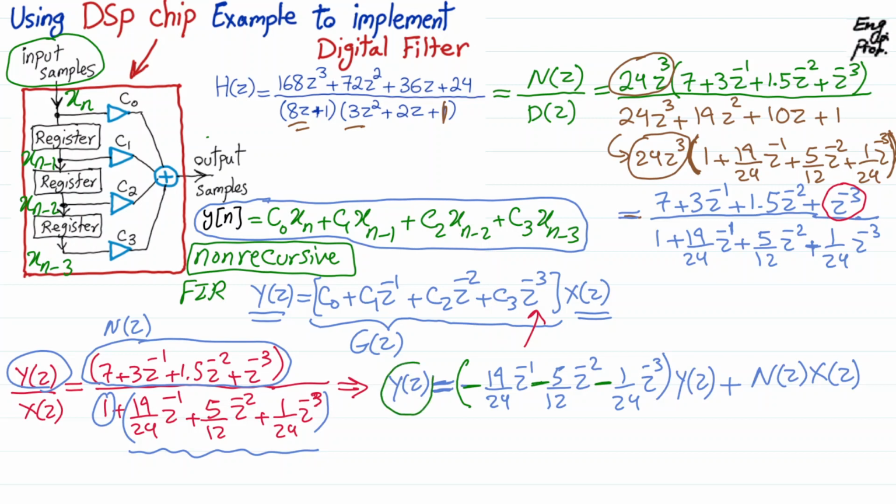This is the overall output of the system for the given transfer function we want to realize. We are saying it's equal to output multiplied by a third order polynomial, straightforward, plus input multiplied by a third order polynomial. So, and we know the chip can implement a third order polynomial.